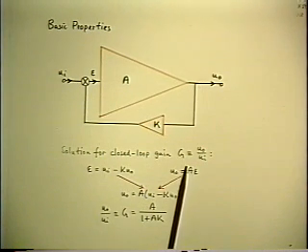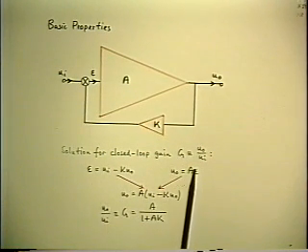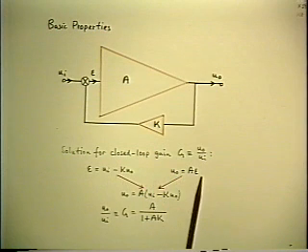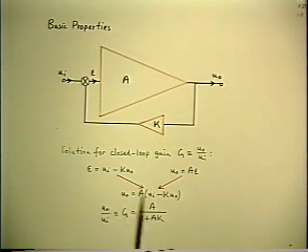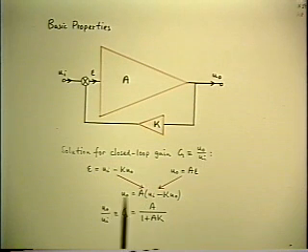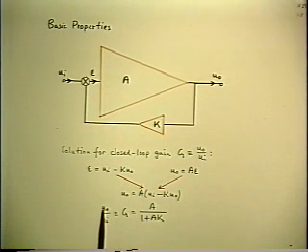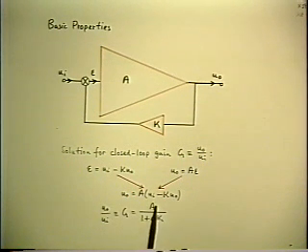Then you solve those two equations simultaneously by eliminating the error signal, which gives you an expression with the output on both sides. And you collect those two terms together and solve. And the result is the closed loop gain is the open loop gain divided by 1 plus AK. And that's the standard result that everyone remembers, even if you know it in terms of different symbols.